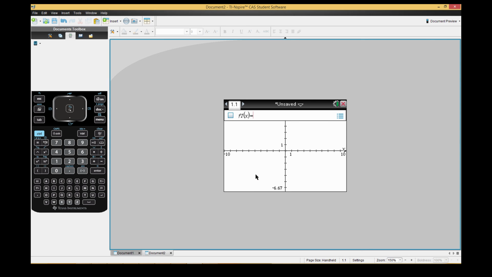Just like you need to be excellent at working out these problems by hand, we need to be excellent at using the calculator. We need to get good at both things. So using the calculator to draw this, and then we'll see what the graph looks like.